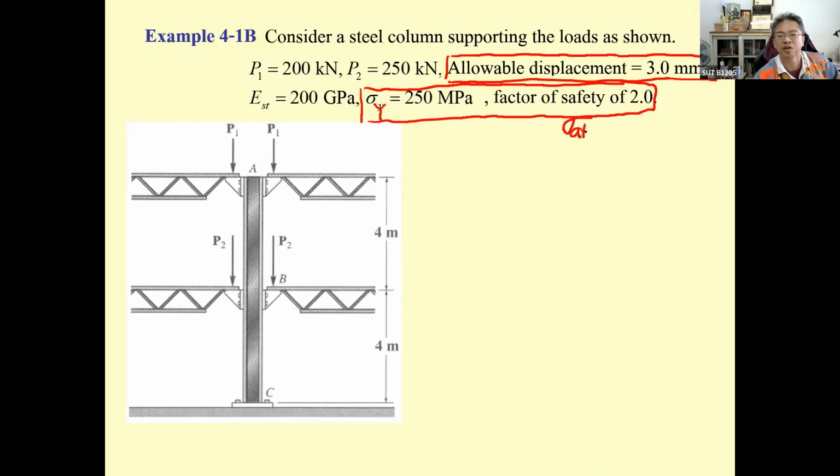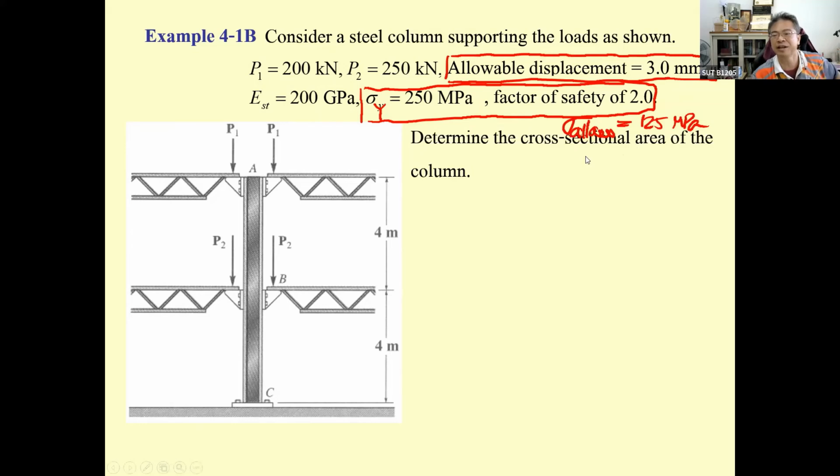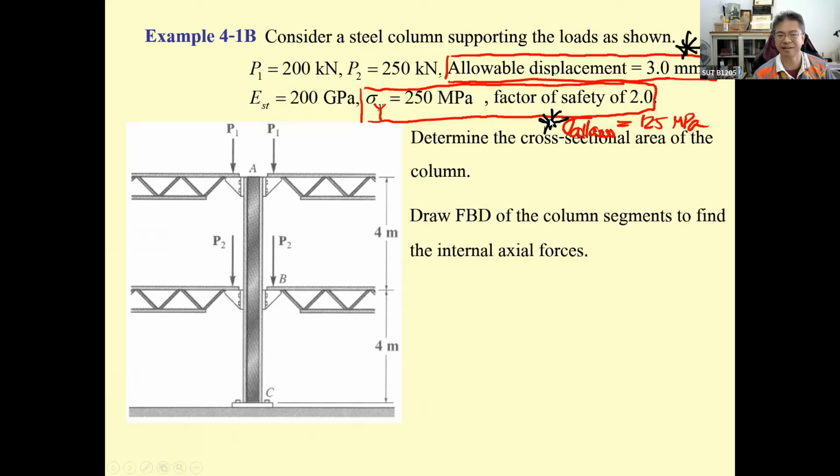So the allowable stress is going to be 125 megapascal, and then they ask us to determine the cross section. That means what? If we compute based on this one, that is going to be stiffness based design. If we do based on this, it's going to be strength based design.